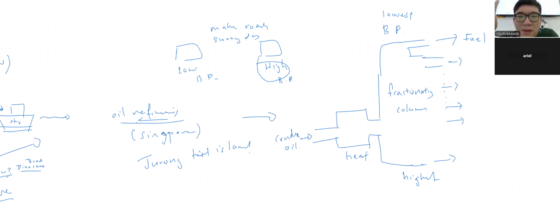Yeah, but whenever you're not sure, think about the logic. This is what I want to run through with you. You mentioned everyday things around us, right? So to make roads, use something that is high or low boiling point? It must be the higher boiling point to make roads. In fact, the things that you use to make roads are solid at room temperature, which means their melting point is also high.